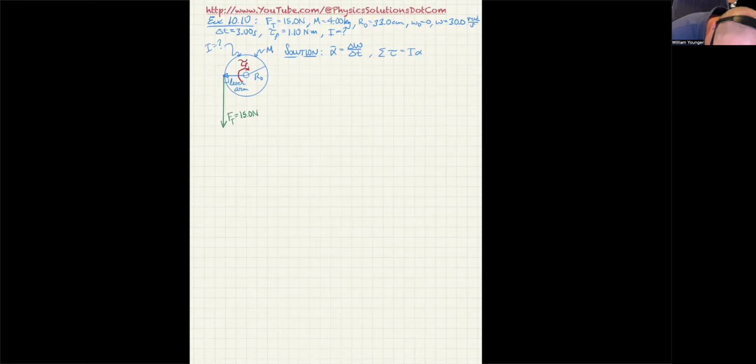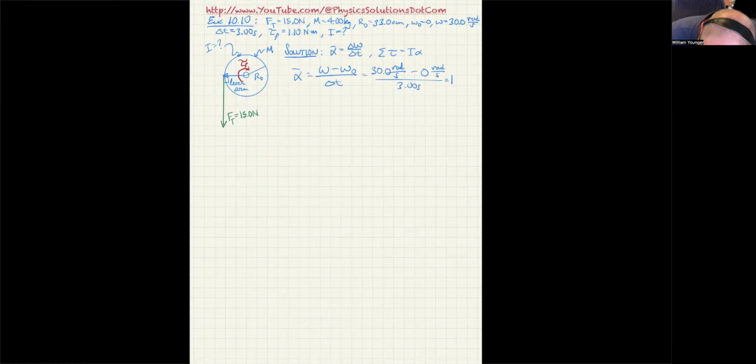And in fact, I might need to make that a little smaller there. So the average acceleration, which we said we expect is going to be a constant, is alpha bar equal to omega minus omega 0 over delta t. And the omega, of course, is 30.0 radians per second minus 0 radians per second divided by 3.00 seconds.